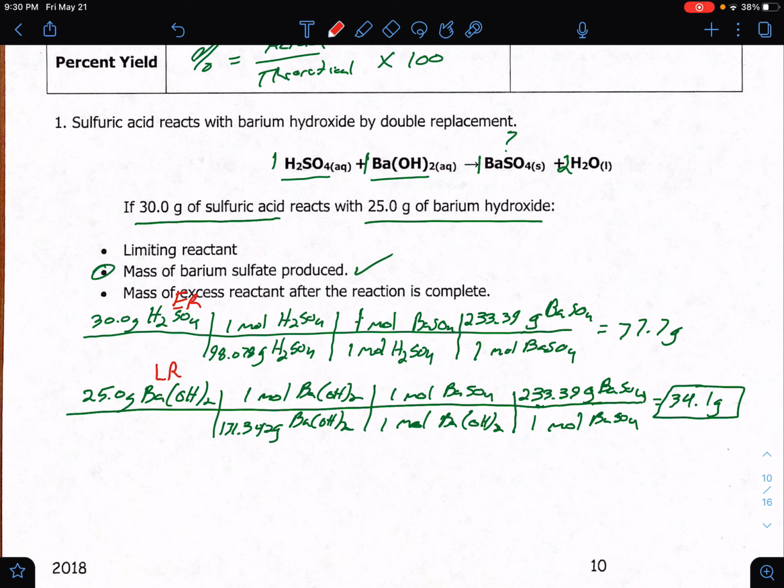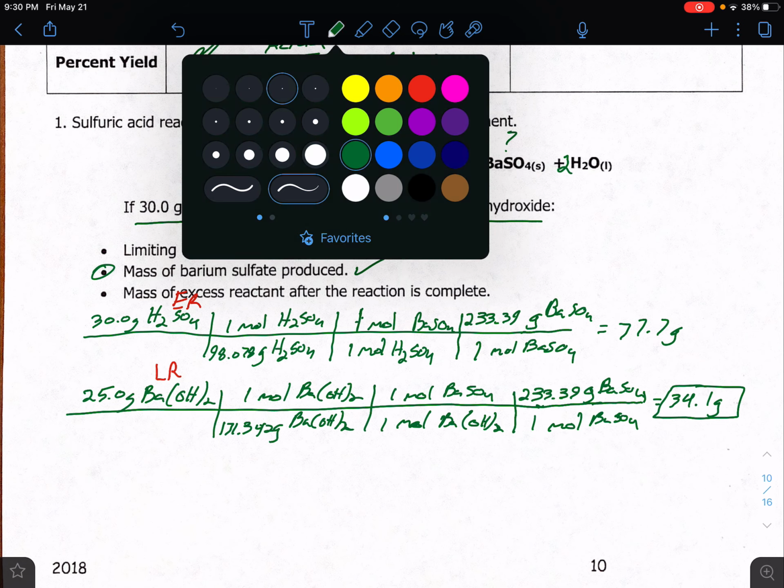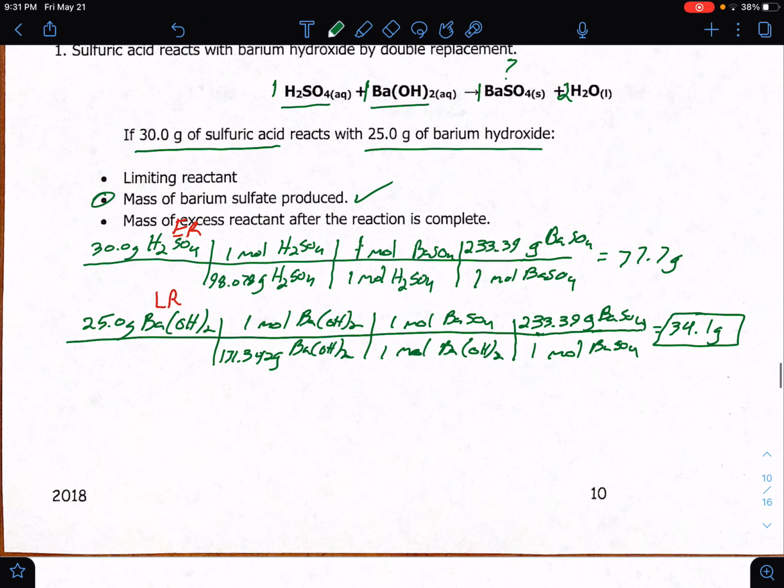Whoever produces the smallest one is your limiting reactant. And then this number right here that I solved, that is your theoretical yield. So if you ever want to know what theoretical yield is, that is basically the answer you get when you do a conversion.